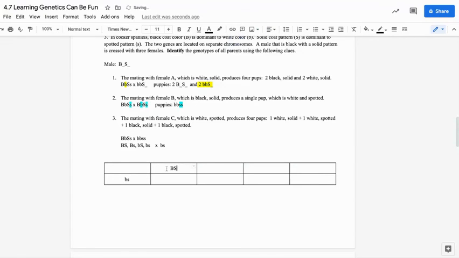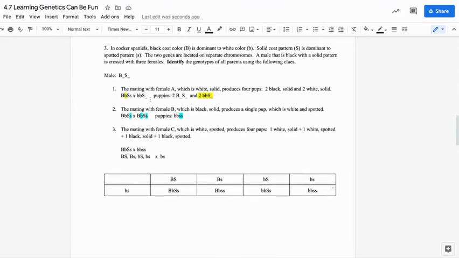Dad has 4 different possibilities for his gametes. And again, yeah, it makes sense. We would expect one of the pups to be black and solid, one of the pups to be black and spotted, one of the pups to be white and solid, and one of the pups to be white and spotted. Good.